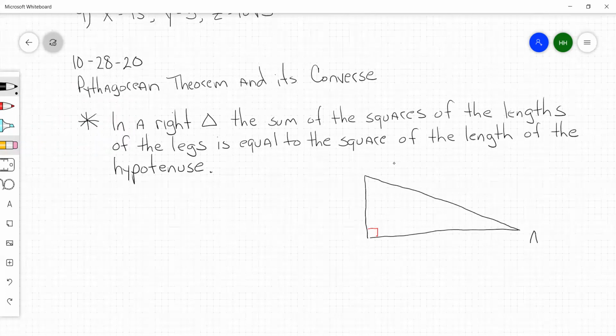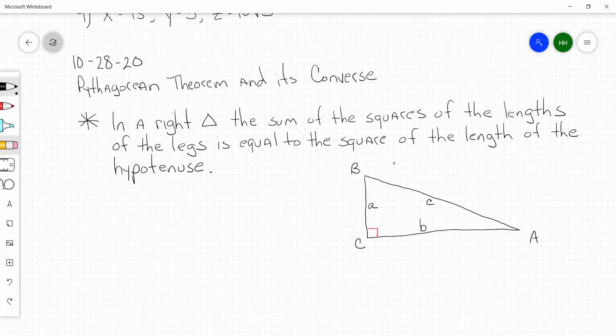You have vertices, we're going to go A, B, and C. Now, if our vertices are A, B, and C, then the sides opposite each vertex are the respective lowercase letter. So opposite of vertex C will be lowercase c. Opposite of vertex A will be lowercase a and lowercase b for the third side.